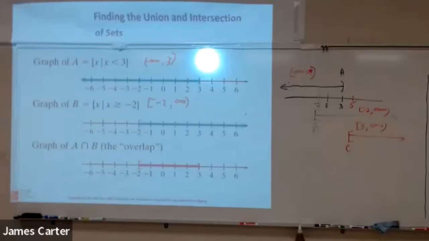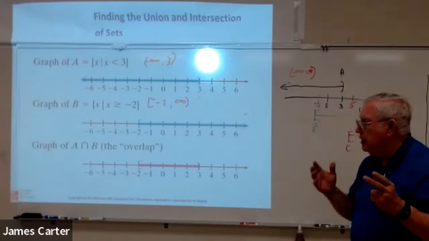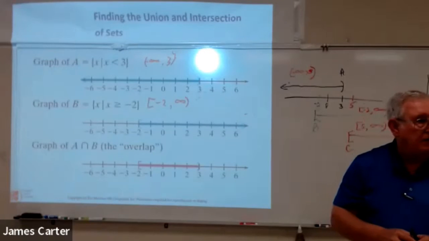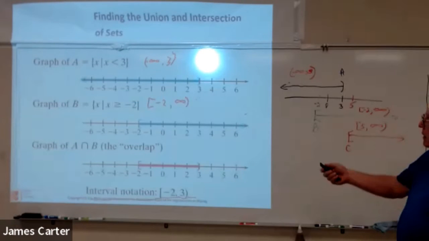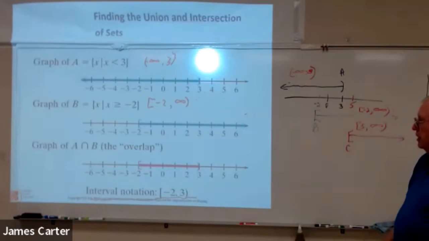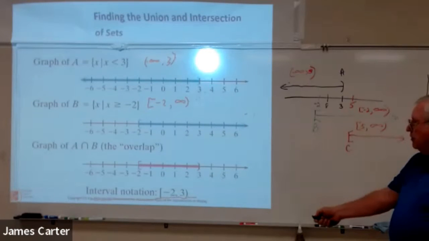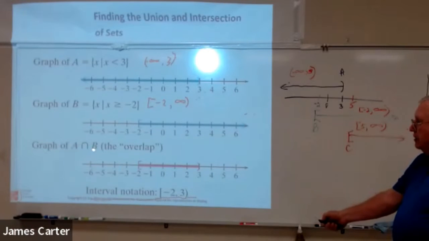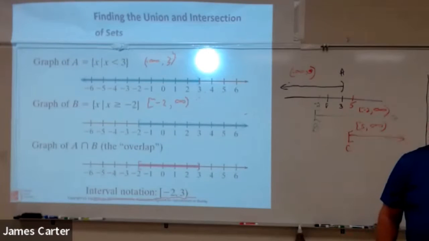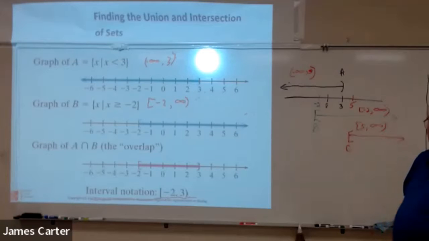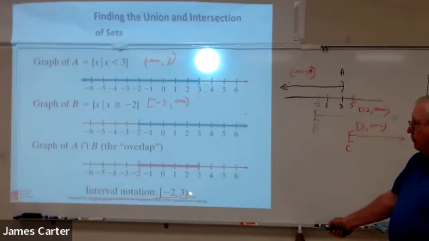And if you think in that manner, then you'll probably be successful. Okay? And again, I put the interval notations up there. What is the interval notation of the answer to that? Well, -2 inclusive to +3 not inclusive. Okay? Electrified fence, open chain link.